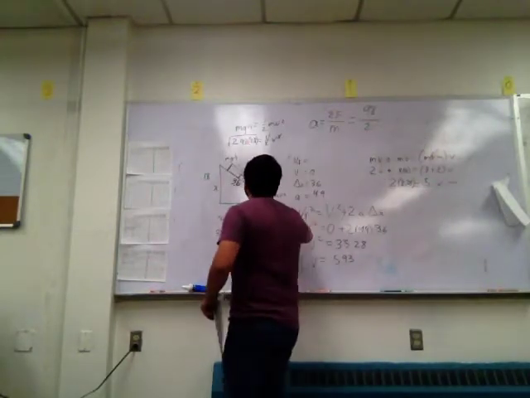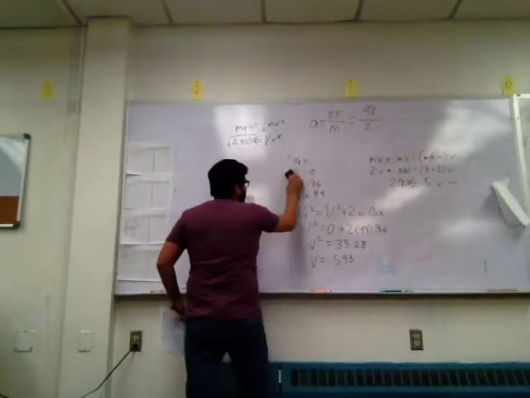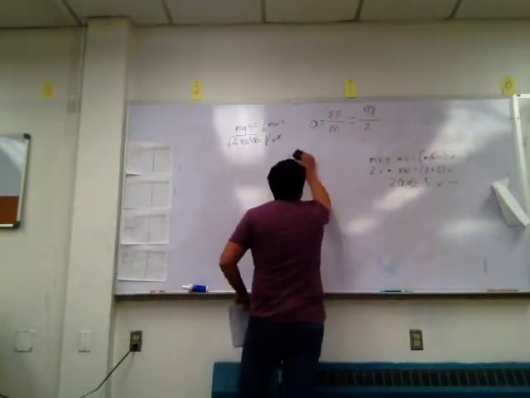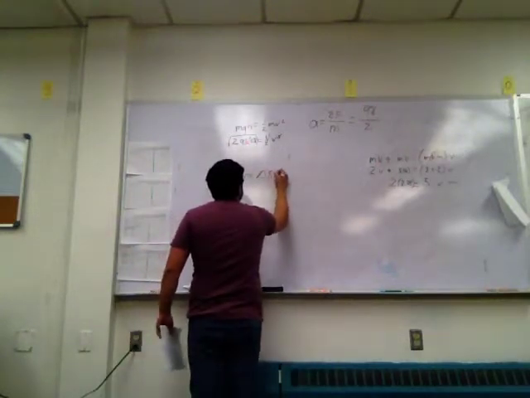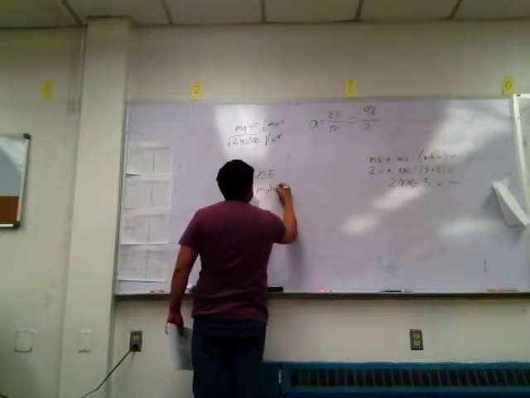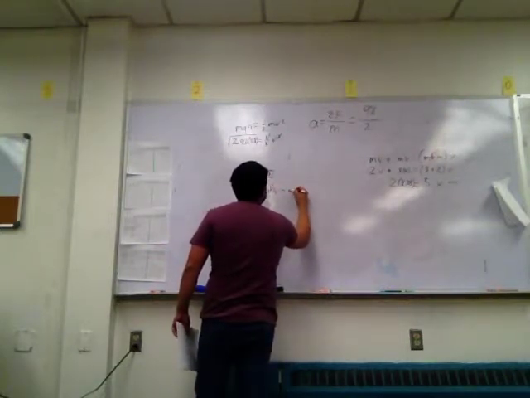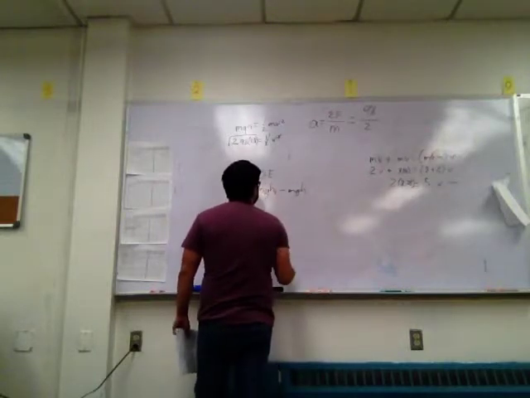Let's erase this junk. Both started at 0 and they ended at the same height. So work equals change in energy. In this case, work equals change in potential energy, mgh final minus mgh initial.